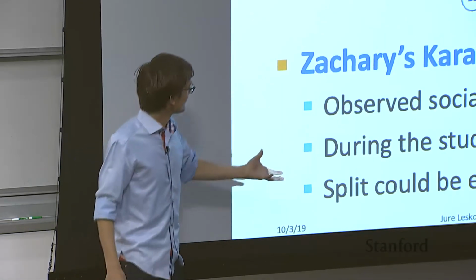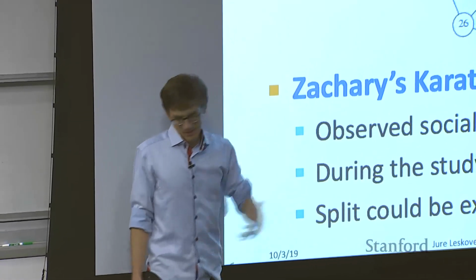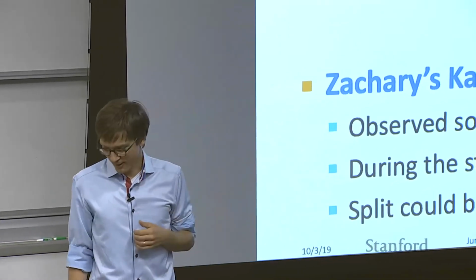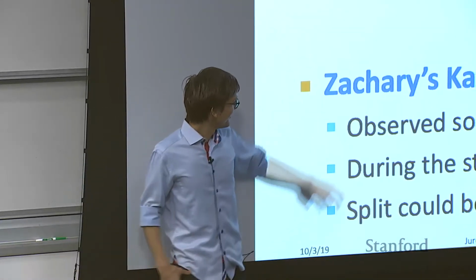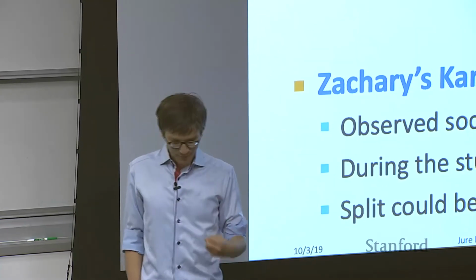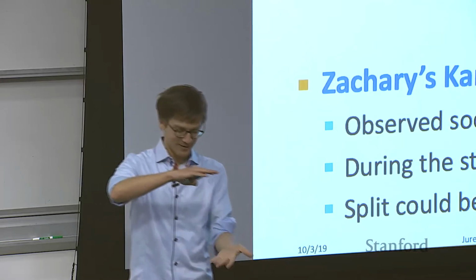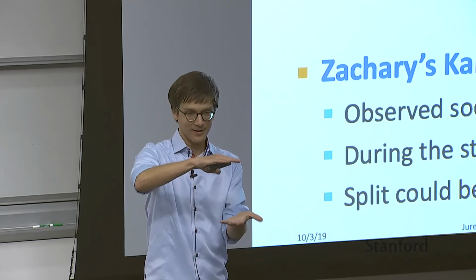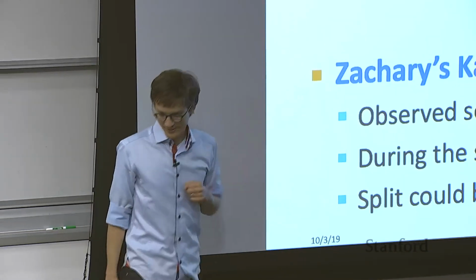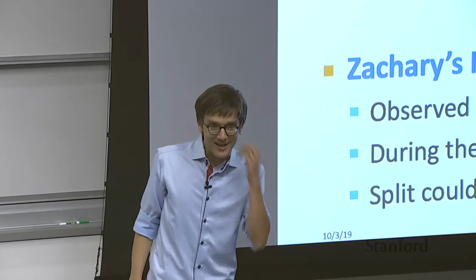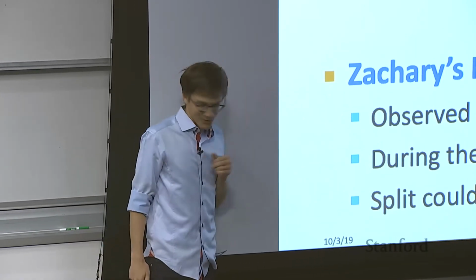I wanted to show you this because you'll see this Zachary's Karate Club network everywhere. There's even an award. There is a conference where whoever first mentions this network gets, I guess, a shameful medal for being the person who did that. But there are many other more interesting networks.